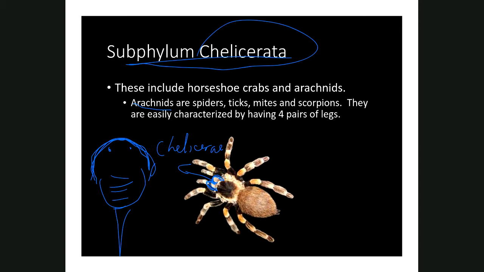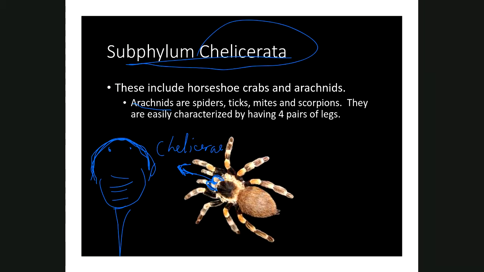I'm not going to hold you to that, though, just in case you're curious. For the spiders, for all of them, they use these little structures for bringing food into their mouths. So the fangs of a spider, for example, and scorpions too.